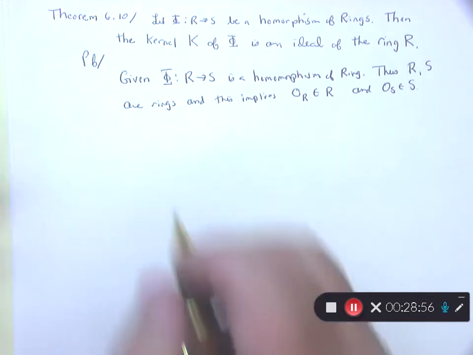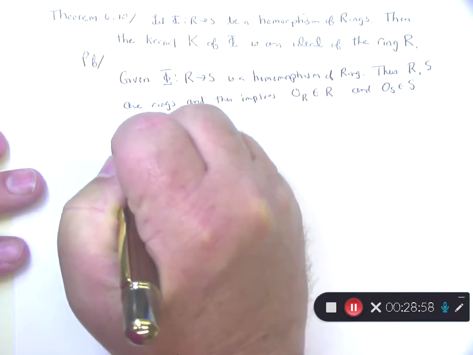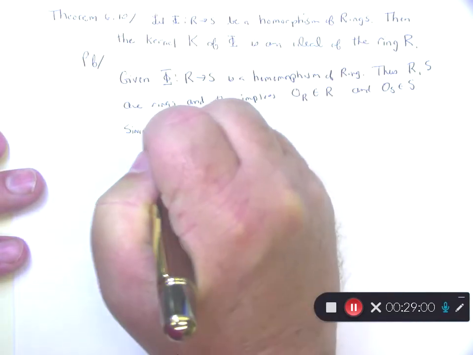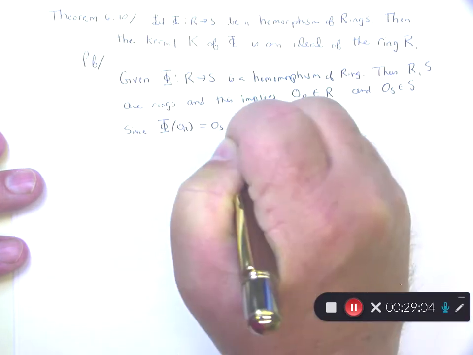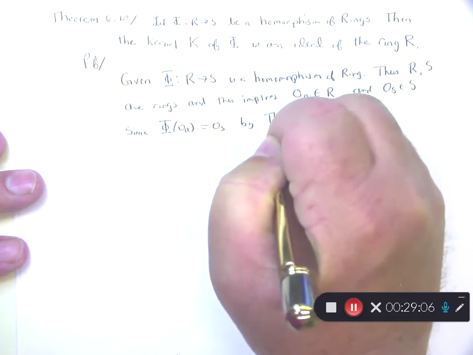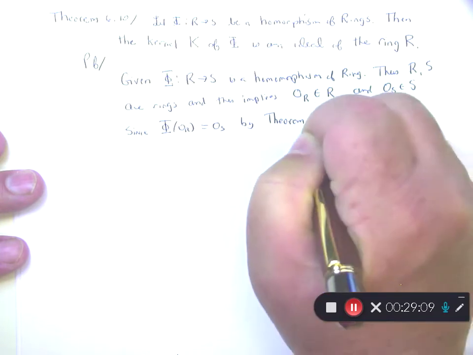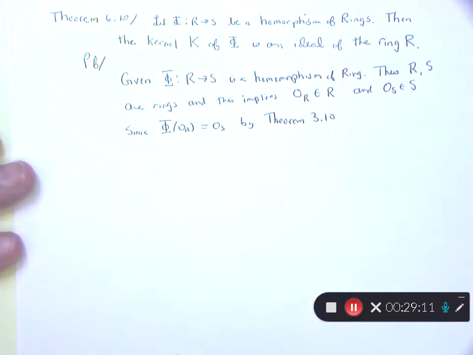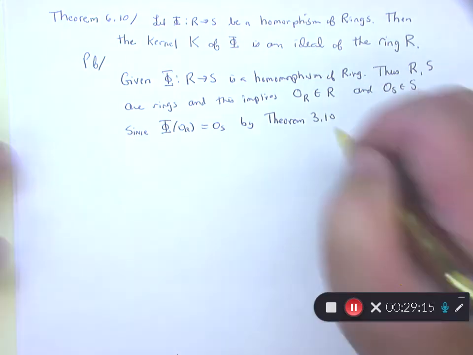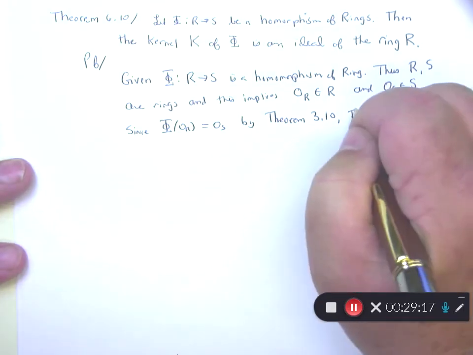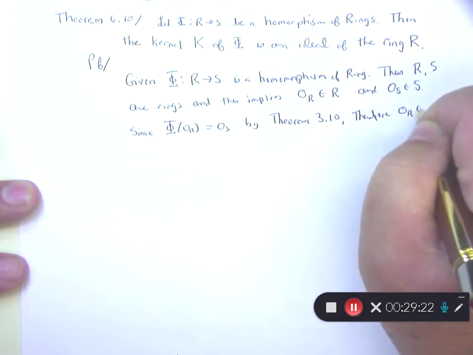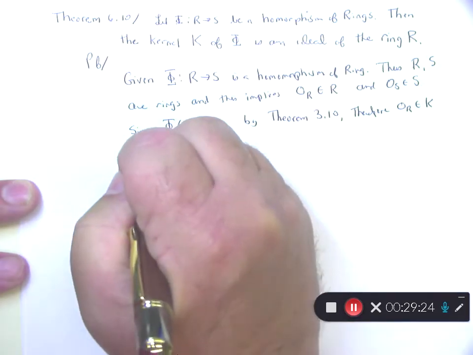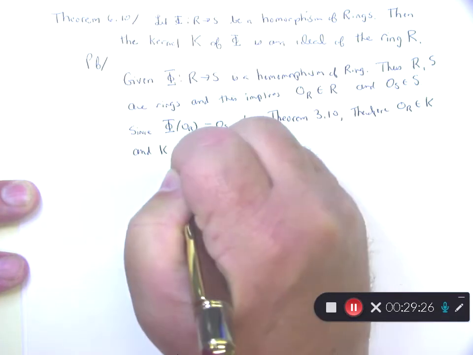So, since phi of 0R is equal to 0S by theorem, and it was way back in chapter 3, Theorem 3.10, that was our favorite theorem with all the homomorphism mapping stuff that we talked about. Therefore, 0R is an element of K, and K is non-empty.